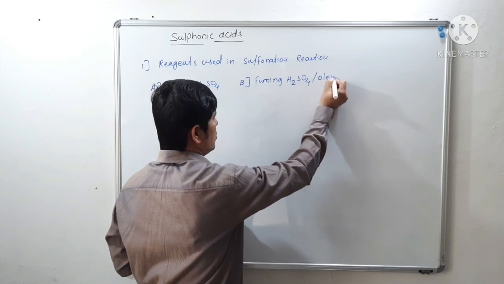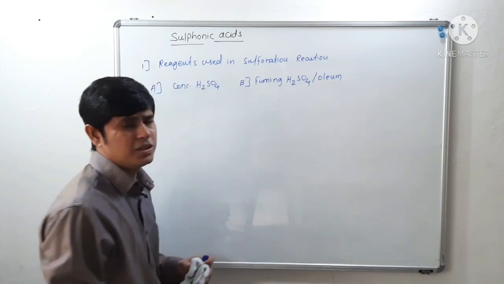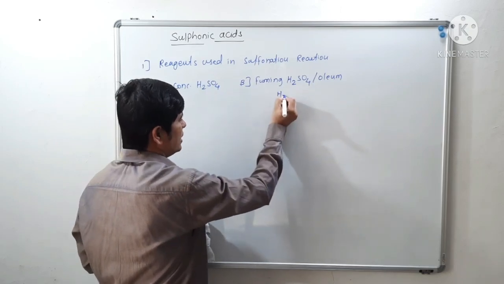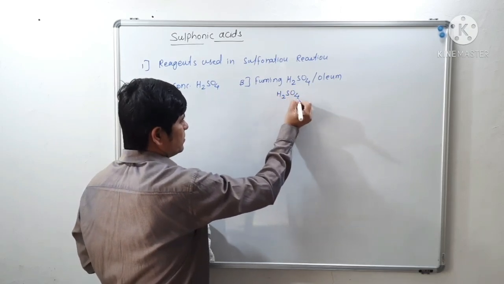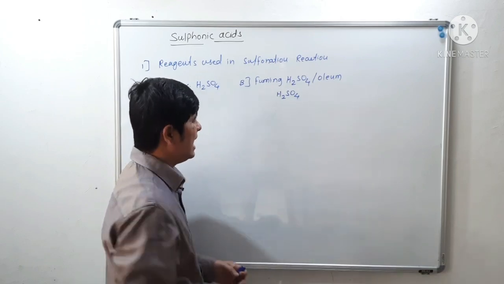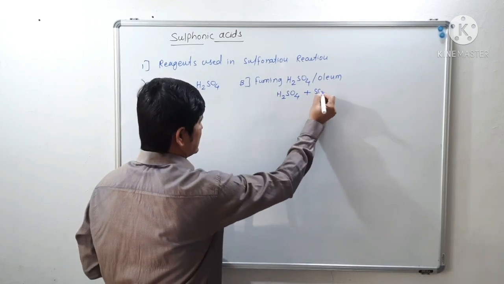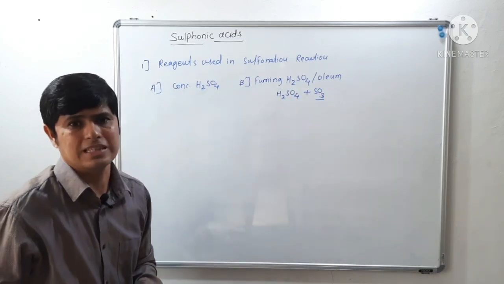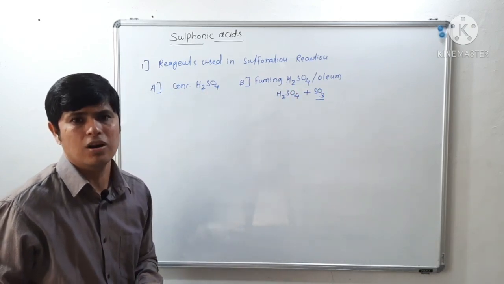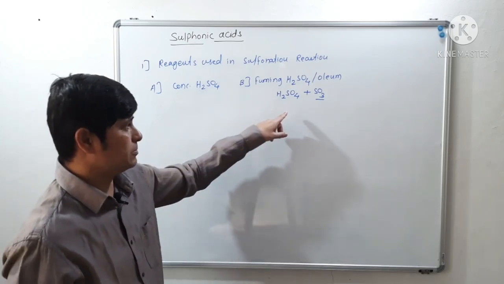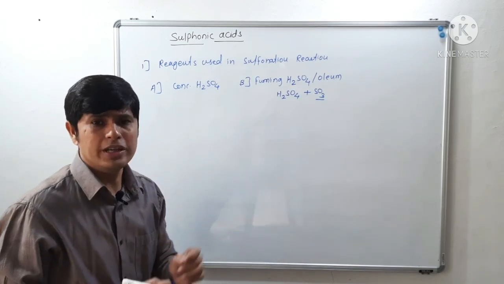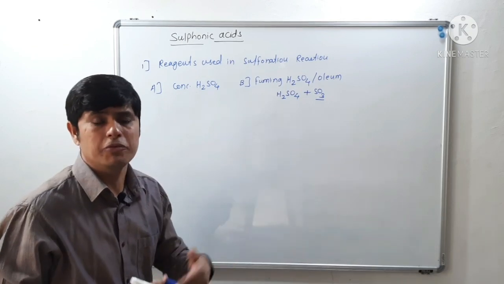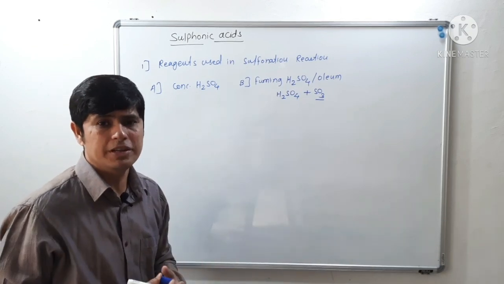Fuming sulfuric acid, or oleum, is a mixture of sulfuric acid and sulfur trioxide gas. That means sulfur trioxide gas is dissolved in sulfuric acid. Oleum may be 10% oleum, 20% oleum, 50% oleum, 70% oleum, and so on.